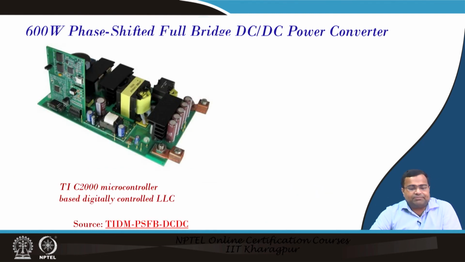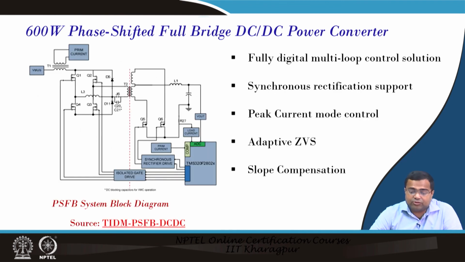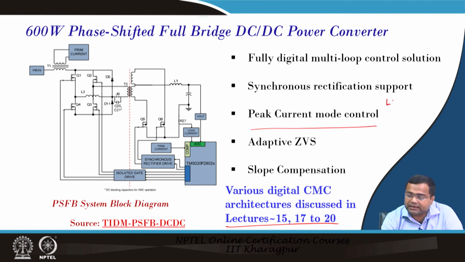Then this is a phase shifted full bridge converter from Texas Instruments, which also uses fully digital multi-loop control, and again we have discussed multi-loop digital control, both fixed frequency, variable frequency as well as peak current mode control. We have implemented this in week 8, then week 10 to week 12, different architecture.